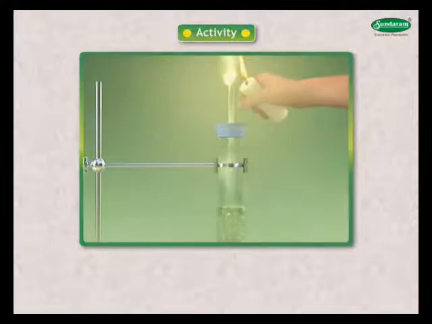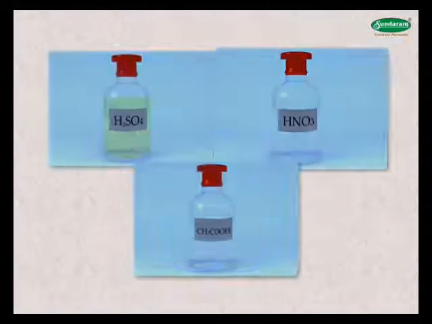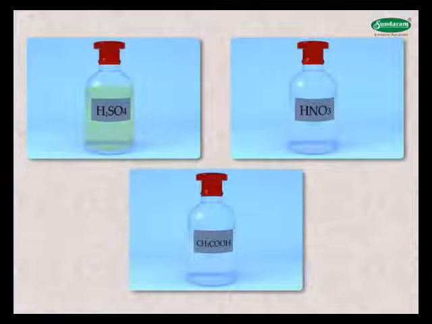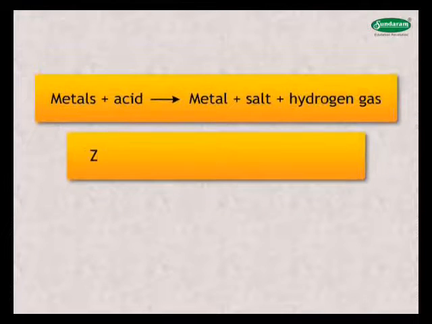Repeat the same experiment with zinc and copper granules using other acids such as dilute H2SO4, dilute HNO3 and CH3COOH. All metals react with acid to give metal salt and hydrogen gas.